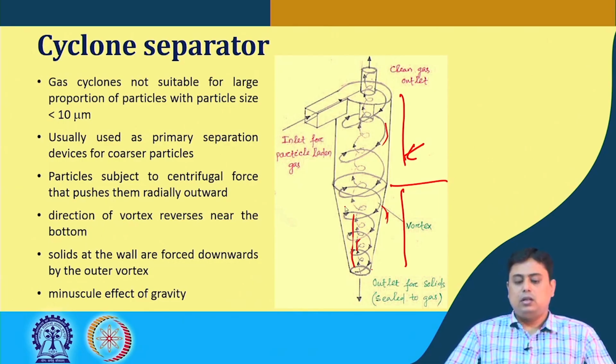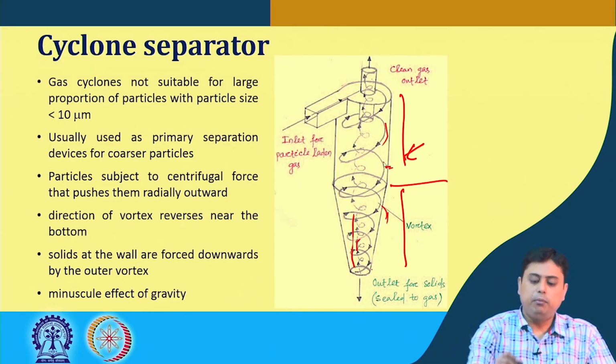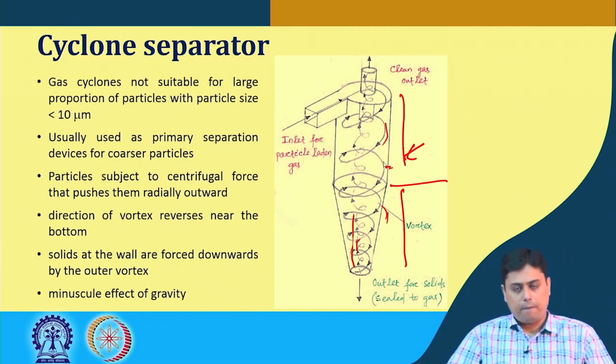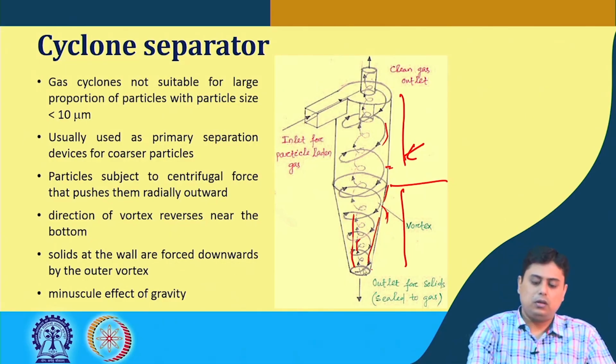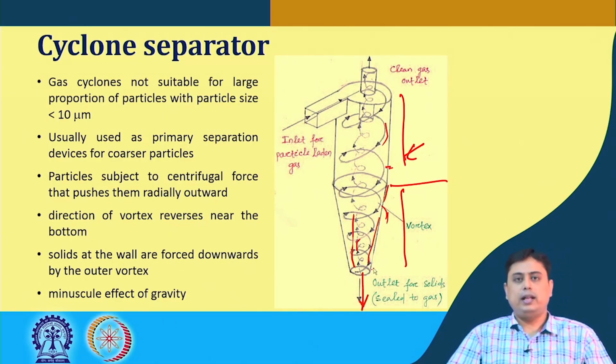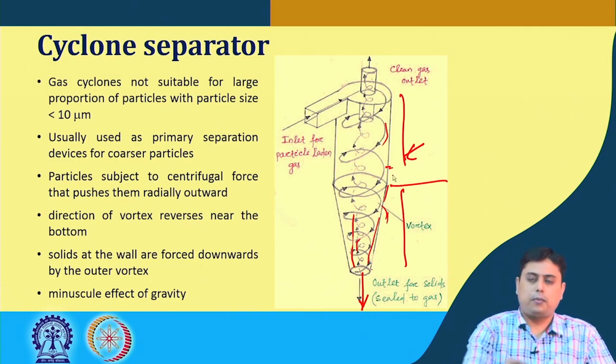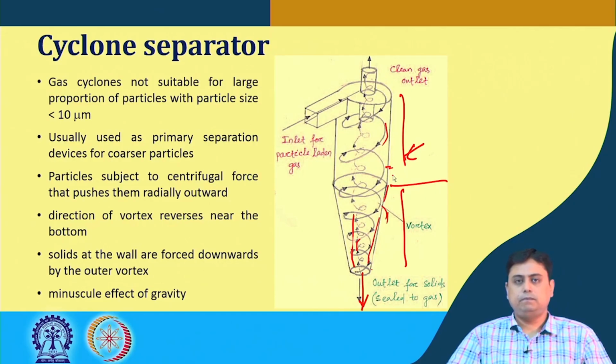The particles that impact on the wall slide down and are collected through the outlet that is open only for solids, but sealed to the gas. So, solids at the wall are forced downward by the outer vortex. We have seen that in a cyclone separator there is a very insignificant influence of gravity.